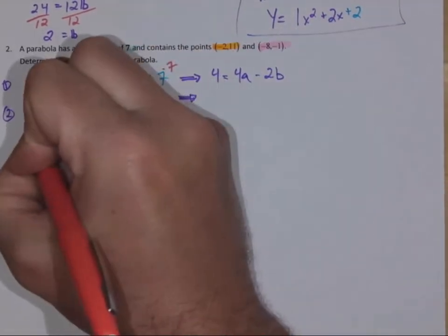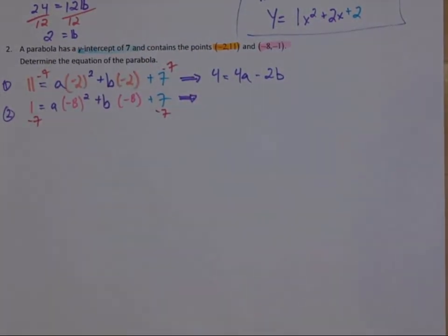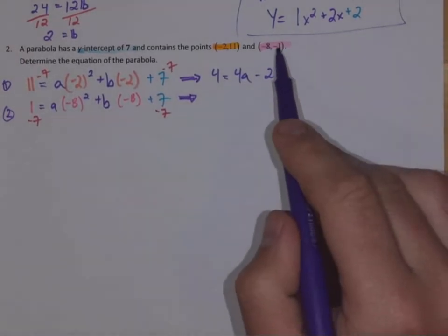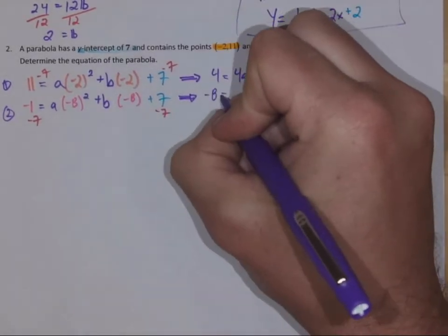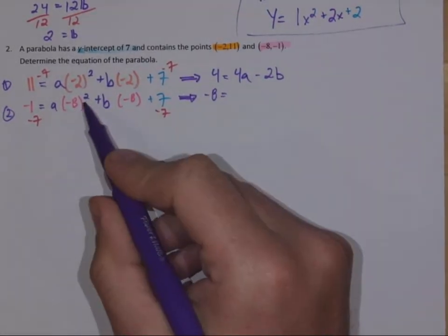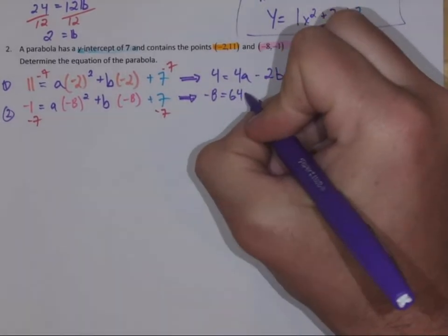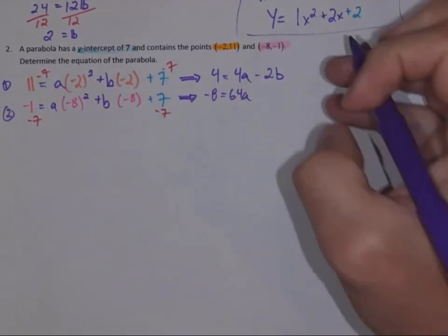Do the same thing for equation 2. That should be a negative 1. Negative 8 squared is 64 times A. Negative 8 times B.